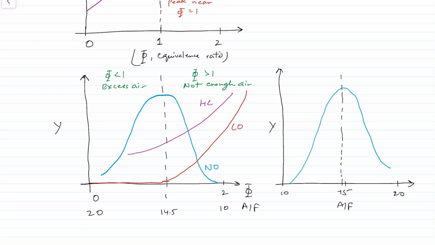The hydrocarbon and CO would look the opposite as well. So that's the hydrocarbon plot, and then the CO plot is like this.